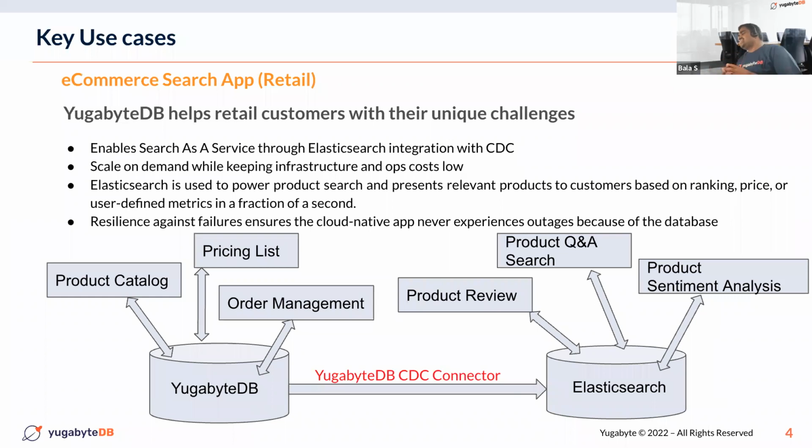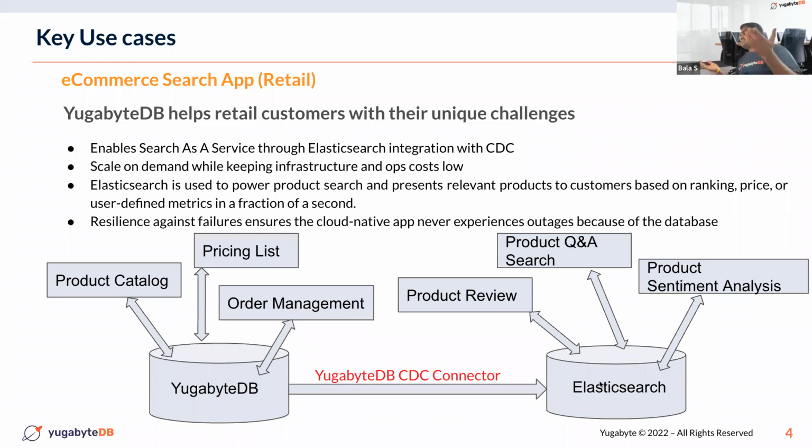What they really need is more unstructured data, like textual data, where they want to see how the product reviews are, what the sentiment of the product is, or whether they can build some sort of Q&A, or even enable a chatbot. So they need to look for a different solution. This can be taken care of easily by having a Yugabyte CDC connector connected with Elasticsearch.